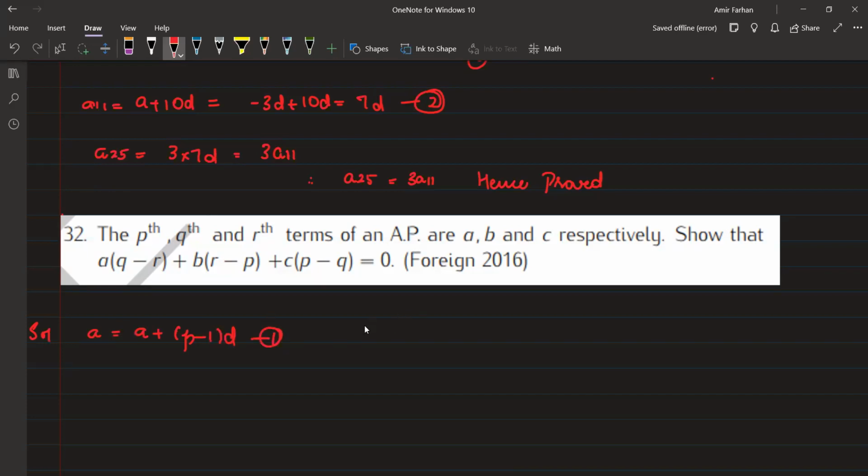Clear? The second equation: the qth term is b.